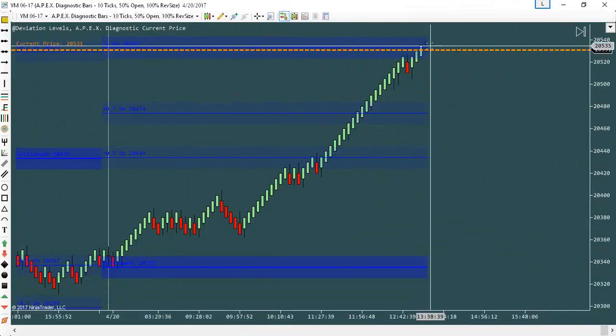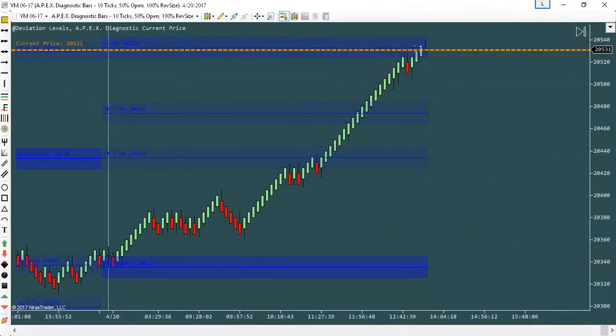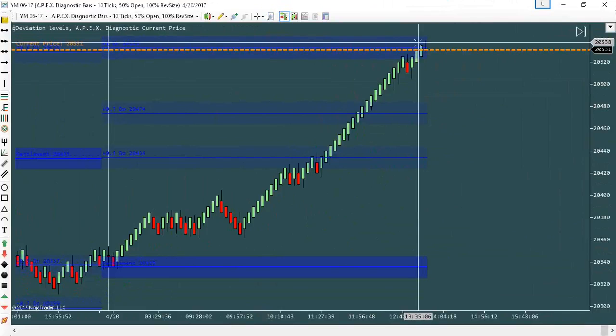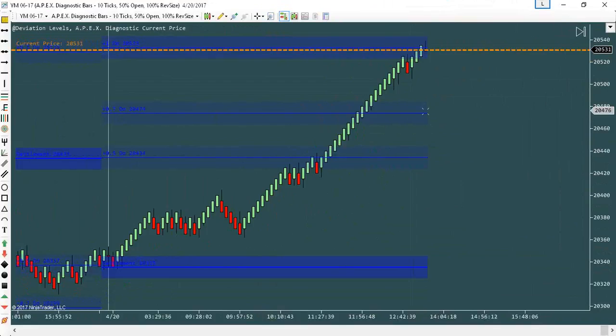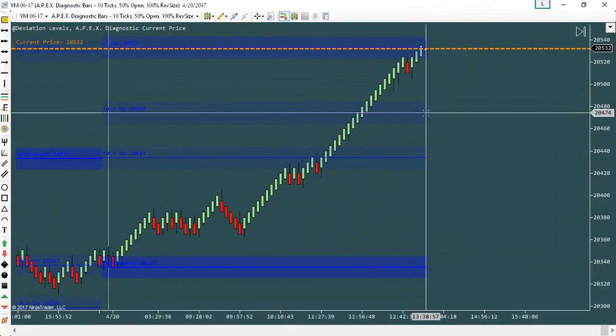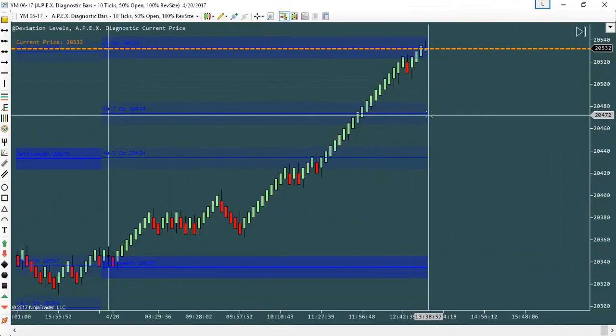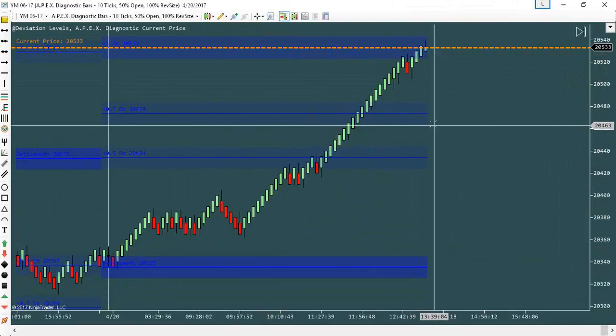So let's just say the market's up here, and whatever strategy or system I'm using is telling me that the market's going to turn around and head back down to this 0.7 deviation level. I think it's going to make that move within the next hour and a half.